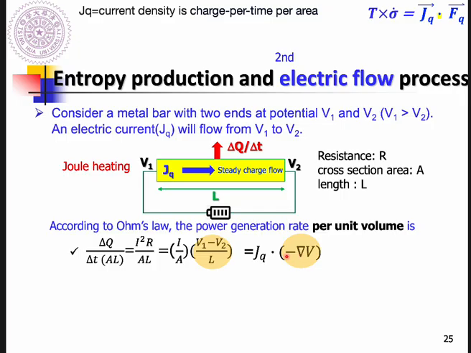So what we have here is a negative electrical potential gradient. So here I successfully have a current density times, or you can say the inner product of the current vector times the force vector. And the force vector here is the negative electrical potential gradient.